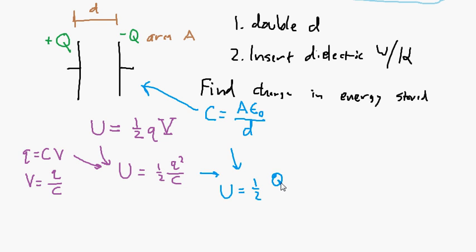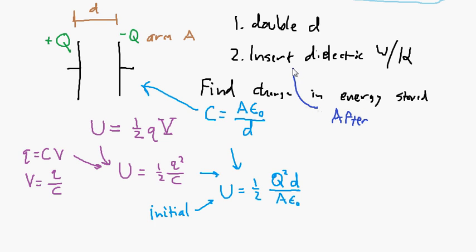Our actual charge, they used big Q, so I'll plug in big Q for little q. Q squared over A epsilon naught over D, so the D comes up there. So that is the initial value for energy stored.